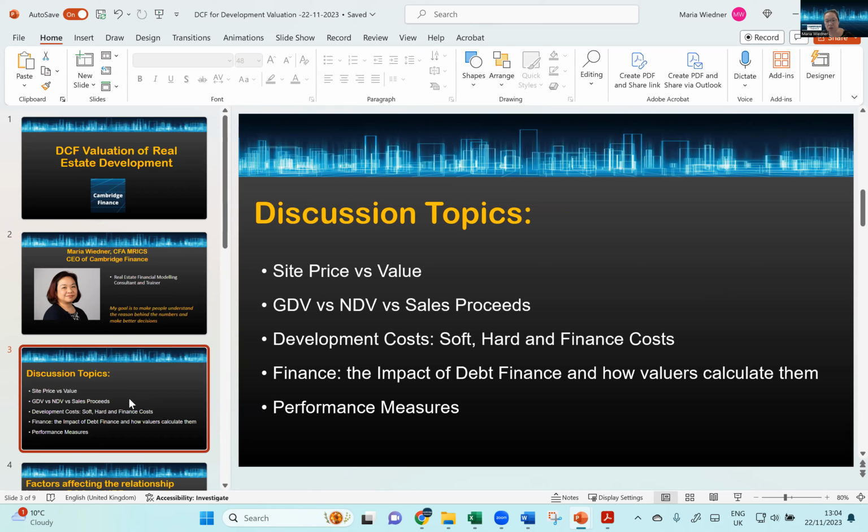On the finance costs, we're going to use Argus Developer as a base case, because normally that's how development appraisers do it. But I want you to see how it's calculated in Argus, and how it doesn't really reflect your cost of finance. I want you to be aware of what this cost of finance is coming from. And also we're going to look at the performance measures. So pretty much doing a development appraisal in 25 minutes.